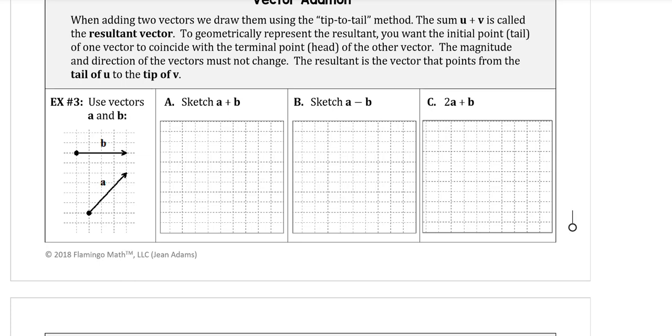So here's our A and B. If I draw A on my grid here, A goes up 4 and over 3.